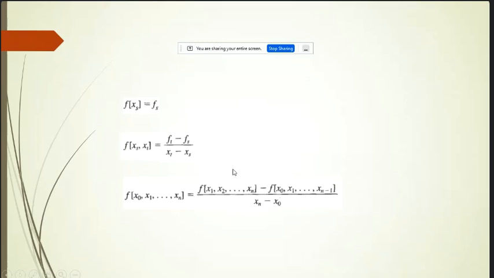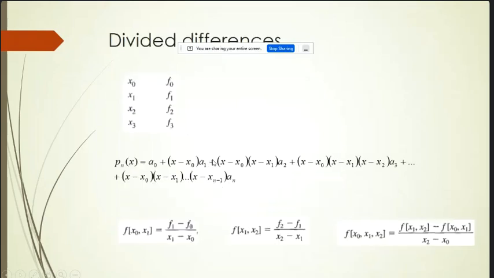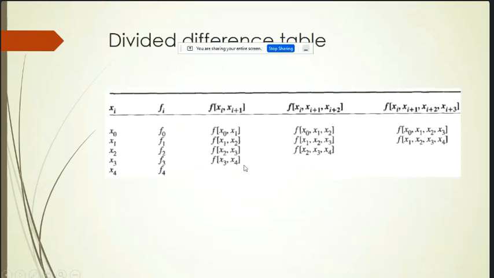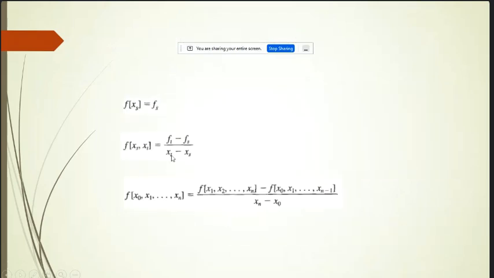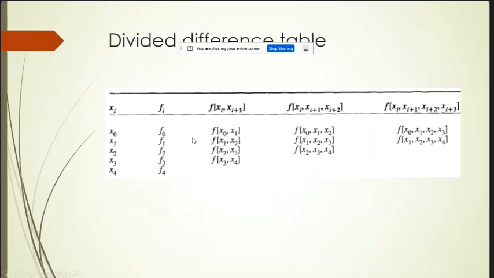These are our definitions of divided difference in the last and the previous slides, and we can compute these values or divided differences in a table, as here we have the first two columns of this table given to us, and we can compute the third, fourth, and other columns of this table.